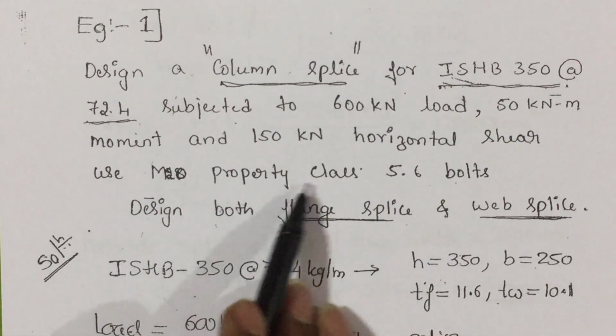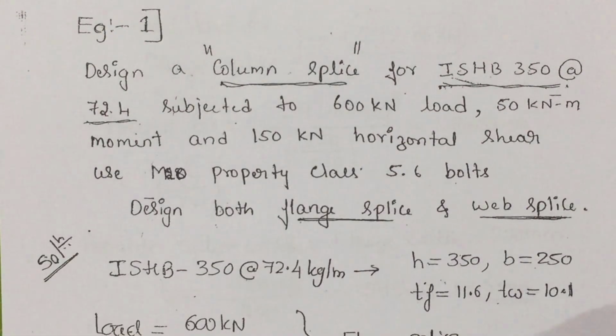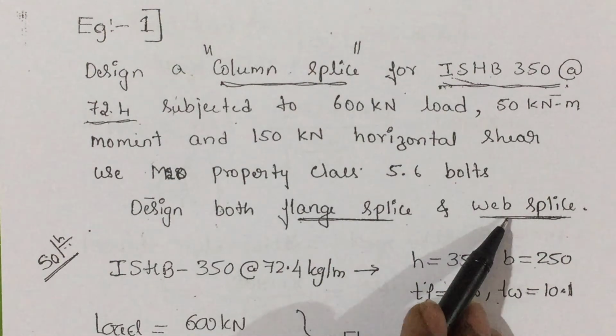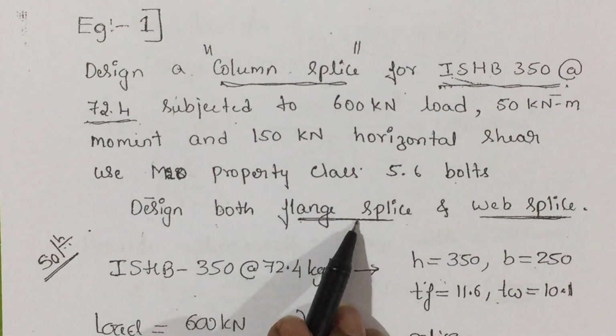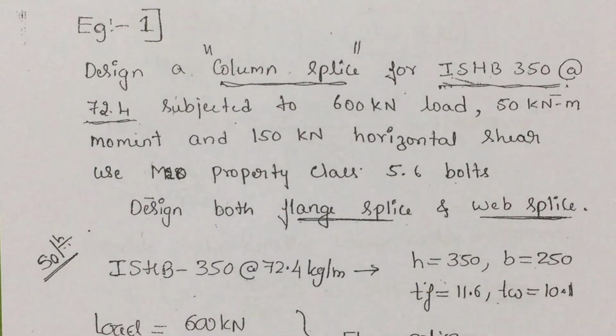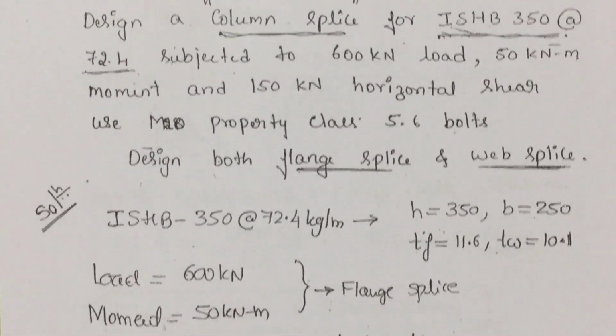Then use M20 property class 5.6 bolts. Design both the flange splice and the web splice. We already know that flange splice will be designed for load and the moment, whereas web splice is designed for horizontal shear.